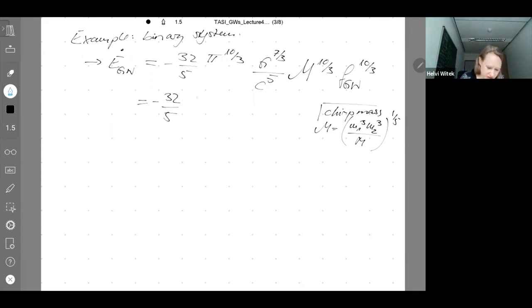If you do that, you can write the energy flux as this coefficient, speed of light to the 5th divided by G Newton, this symmetric mass ratio that we also call eta, times the velocity of your system divided by the velocity of light to the 10th. And here I've introduced the symmetric mass ratio.